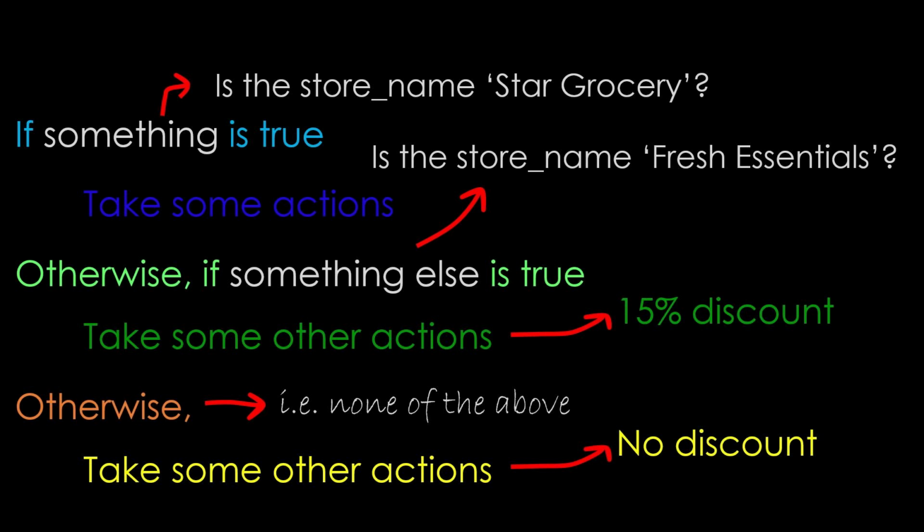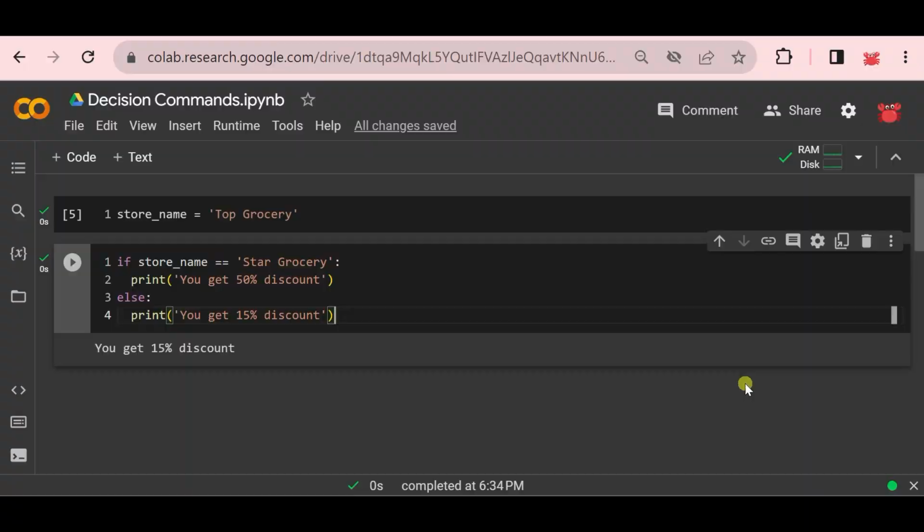Finally, the otherwise case has the third option, printing no discount. Now let's look at the modified code that prints 50% discount for Star Grocery and 15% discount for Fresh Essentials and no discount for Top Grocery.